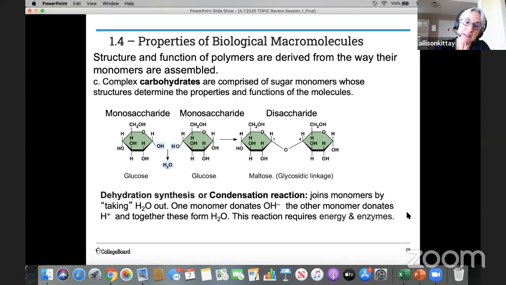When we form this, this is that 1,4 link, and this is called a glycosidic linkage. Remember that this reaction, dehydration, because we're removing water, requires energy and the correct enzymes to build that disaccharide. And then you would just keep doing that to build your polysaccharide.